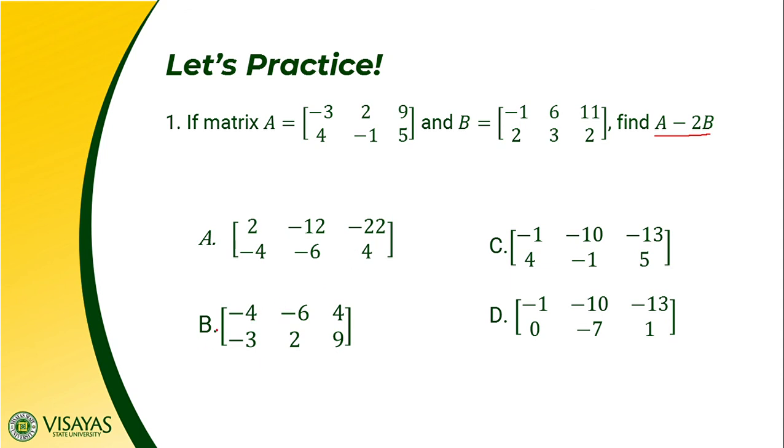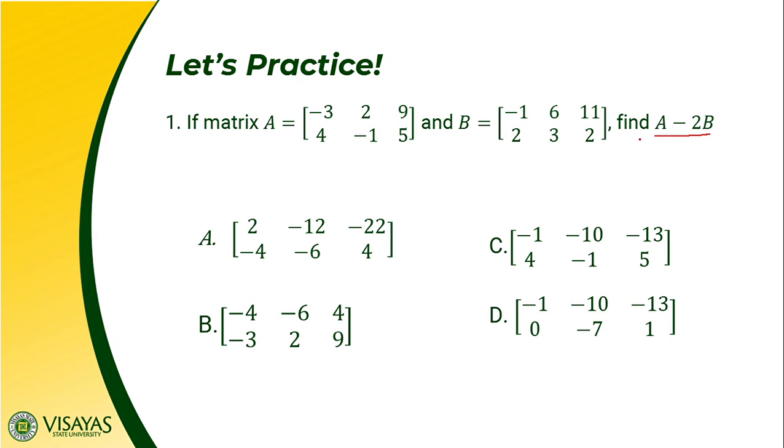For letter B, we have negative 4, negative 6, 4, negative 3, 2, 9. For letter C, we have negative 1, negative 10, negative 13, 4, negative 1, 5. And for letter D, we have negative 1, negative 10, negative 13, 0, negative 7, and 1. So go ahead and try to solve this problem.